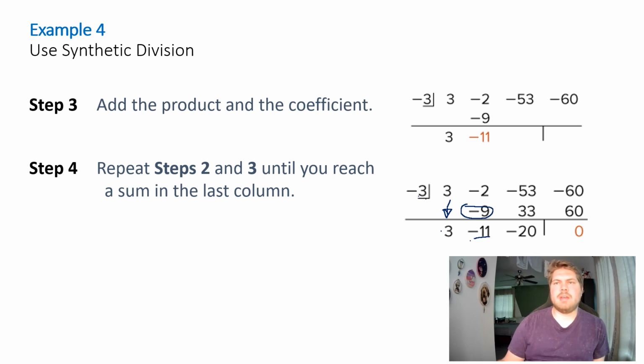Multiplied -3 and -11, got +33. And then added these two right here and got -20. Multiplied -3 and -20, and now they got 60. And now they're just going to add these two. And then they get 0.